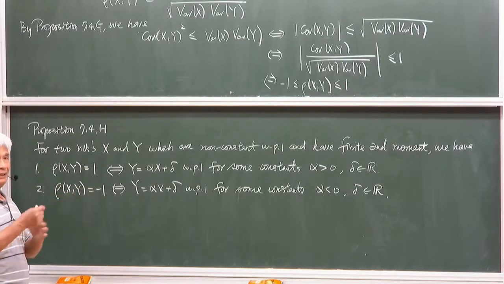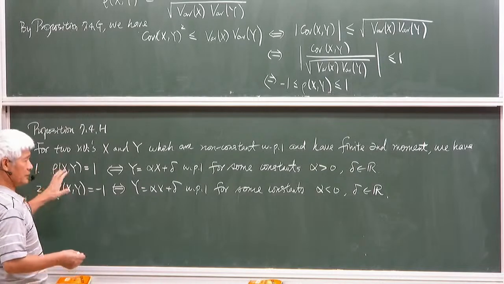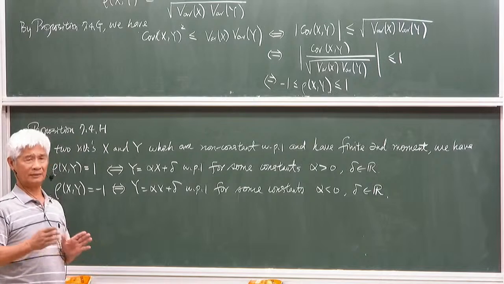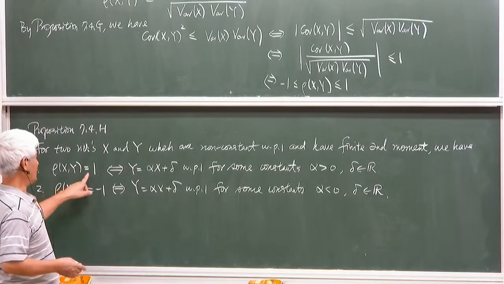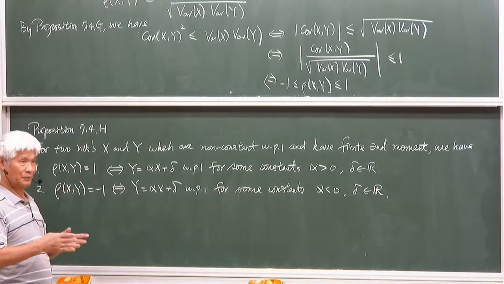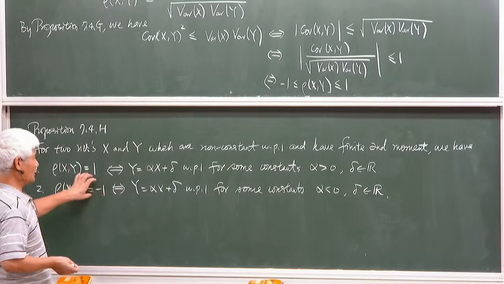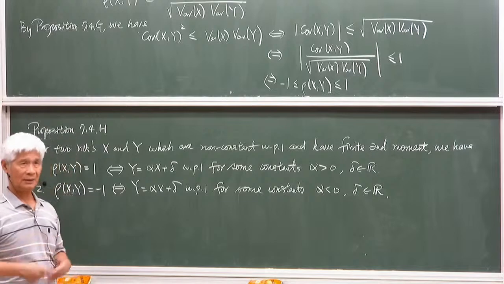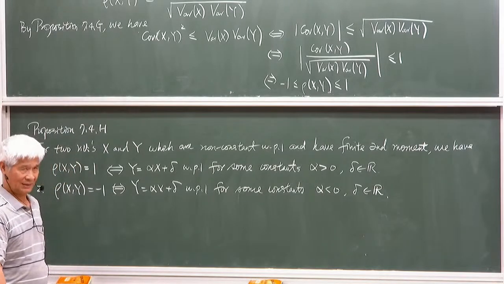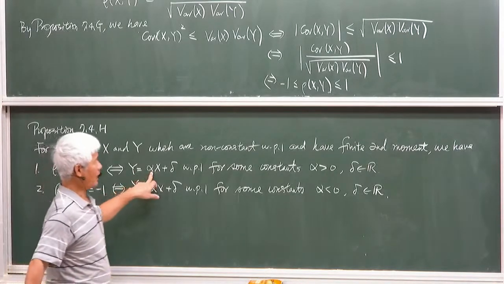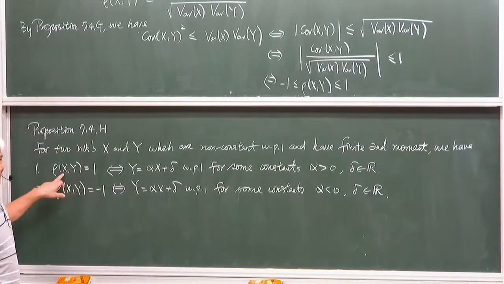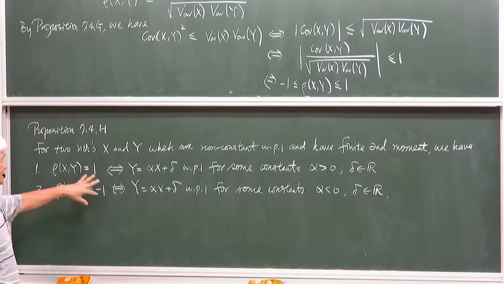If the absolute value of the correlation coefficient is very close to 1, for example 0.95, 0.96, etc., then we strongly believe that they are linearly related, either positively or negatively, depending on the sign of their correlation coefficient.